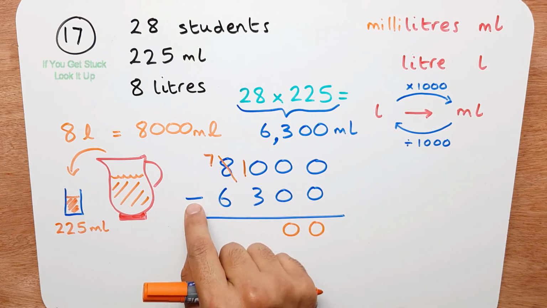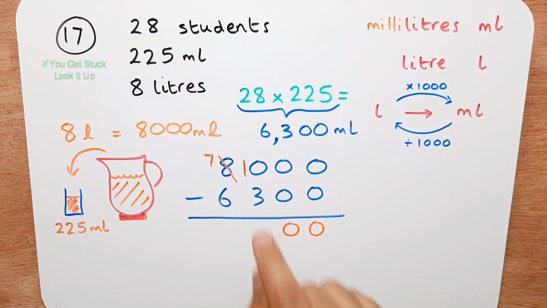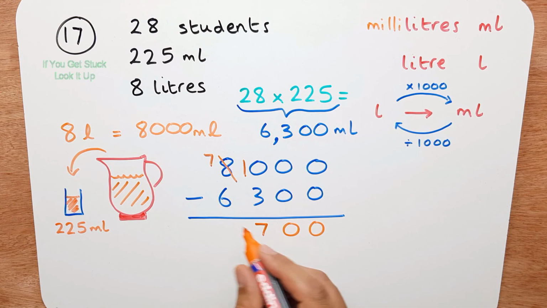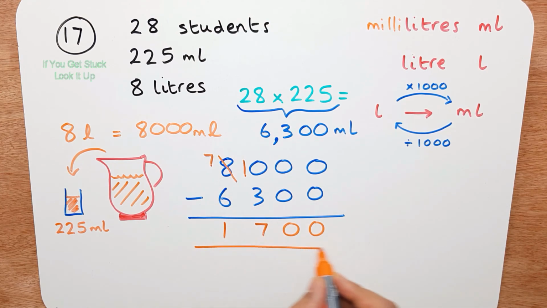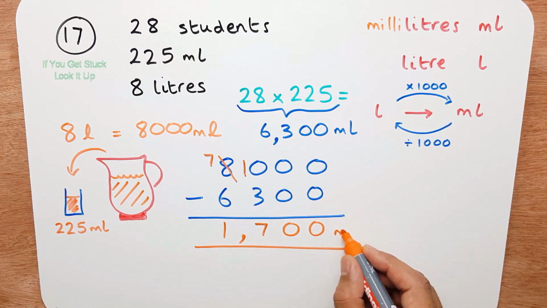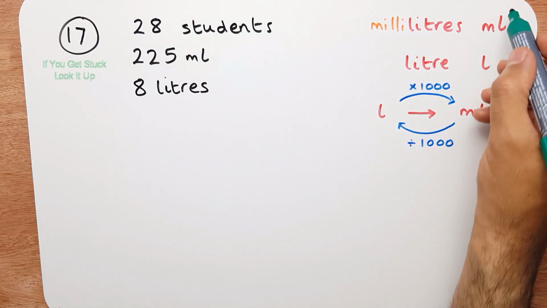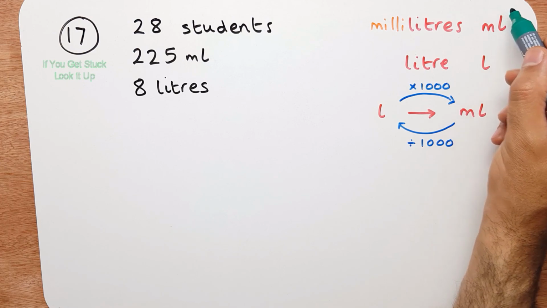So it's 10 take away 3, which is 7. 7 take away 6, which is 1. As before, 1, 2, 3, comma. So this is our thousands. So it's 1,700 milliliters remain. Now, if you can remember these facts, it'll be very helpful.